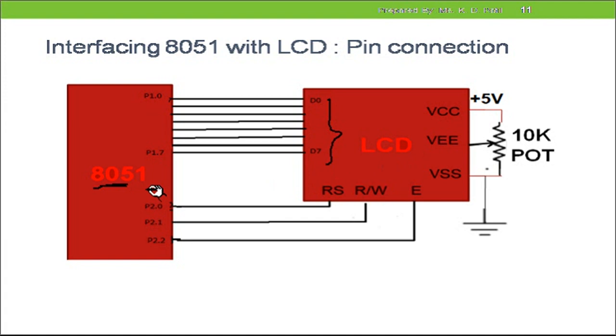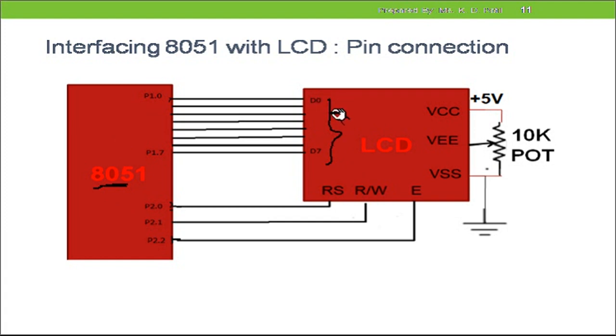The instructions we want to send to the LCD to perform some tasks will be available in that program, as well as the data we want to display on the screen of the LCD.